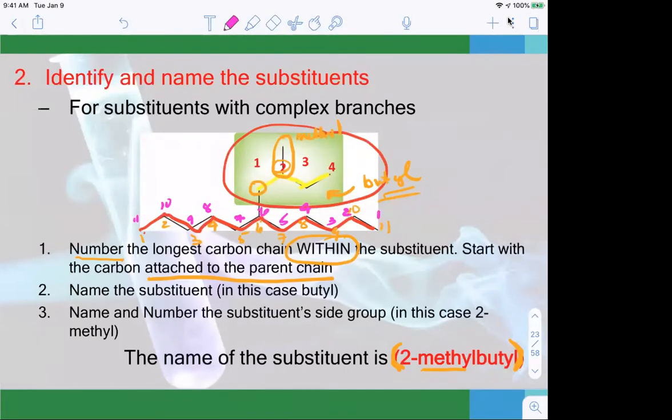The number of this carbon that bears the substituent doesn't matter. What I know is it's undecane because it's got 11 carbons. So I would write this as 6-(2-methylbutyl)undecane, because that's the substituent. This just tells me the substituent is located on the 6th carbon.